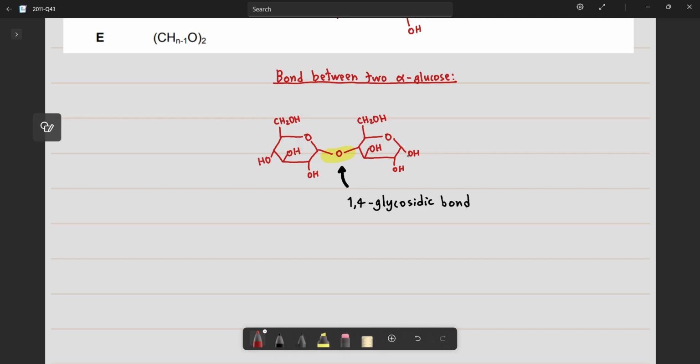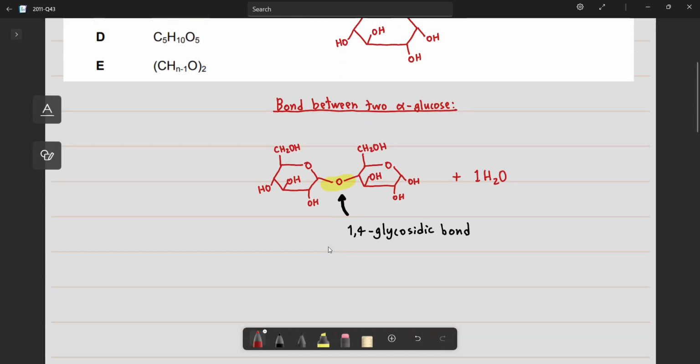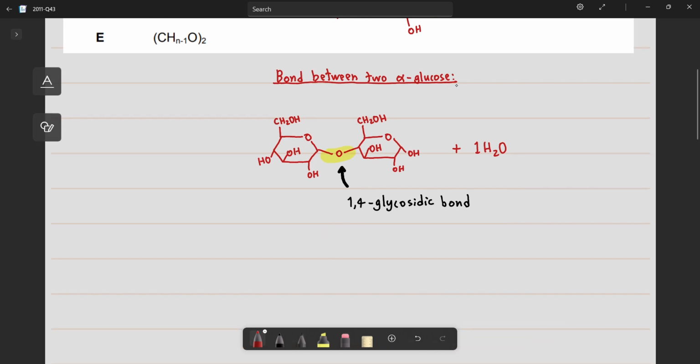Okay, and this bond is formed via a condensation reaction. The condensation reaction will release one water molecule, one mole of water. So this bonding happens via a condensation reaction.